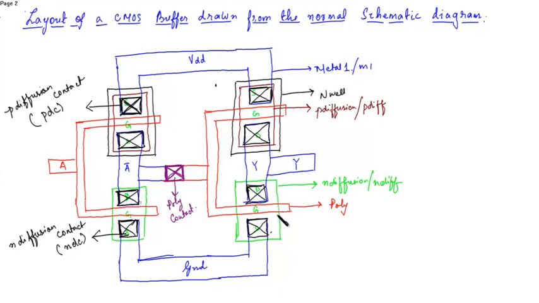After placing the diffusion contacts, you have to place the substrate contacts. The substrate contacts are placed in the VDD layer and the ground layer. In VDD, since this is connected to the P diffusion, we have to place an N substrate contact, or we otherwise say it as N well contact.